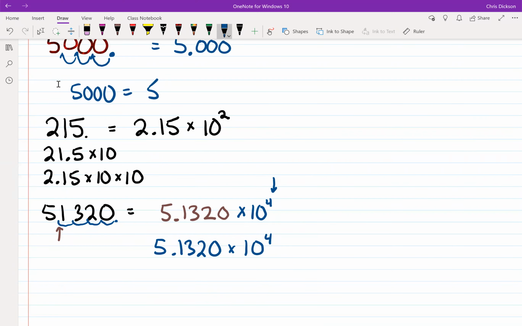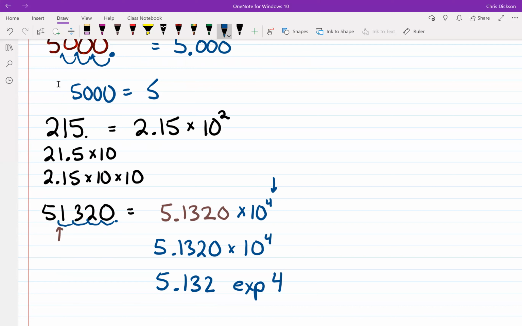5.132 is what I typed in. And then I typed in EXP. That's the button above the number 7. And then I typed in 4 because it's the power of 4. So 5.132 EXP 4.